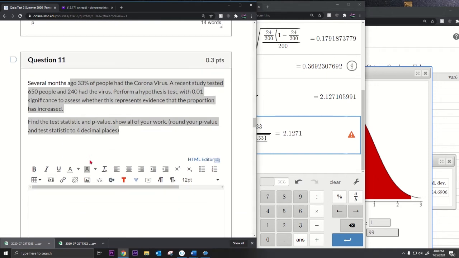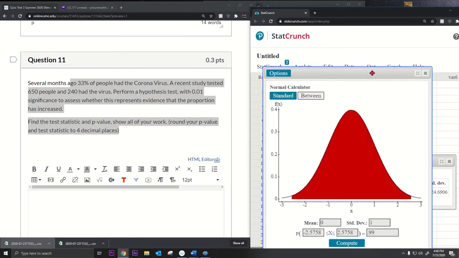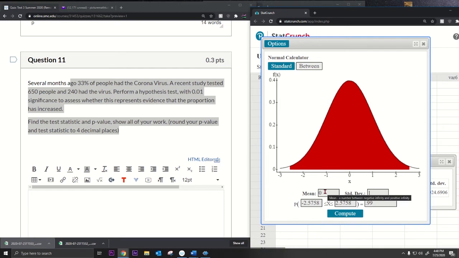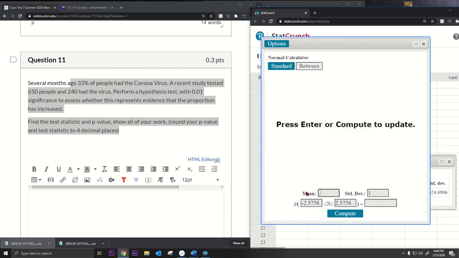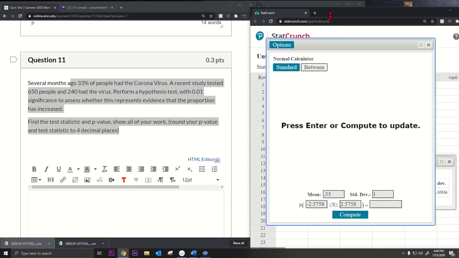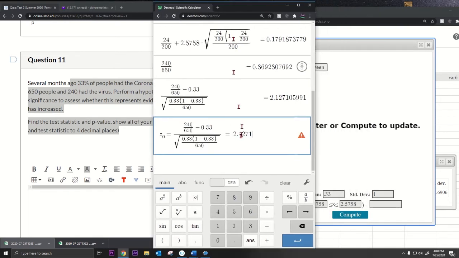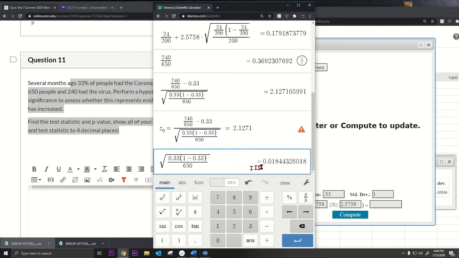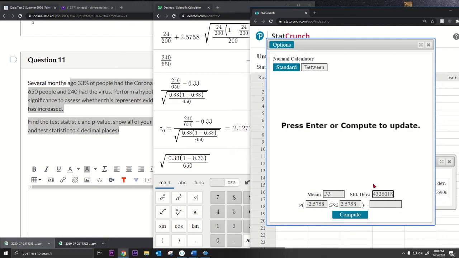So I'm going to go to the normal calculator and I'm going to plug in my mean of 0.33 and my standard error of what? Let me go to decimals and get the standard error. I don't know if I got it, but this is the standard error right here. Control C. There it is. That's your standard error. Control C, Control V. Okay. We got the mean.